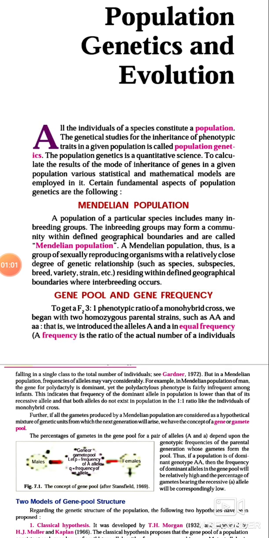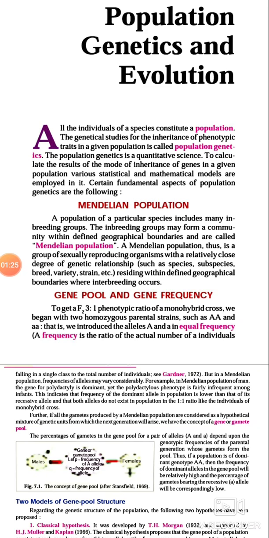First is Mendelian population. A population of a particular species includes many inbreeding groups. The inbreeding groups may form a community within defined geographical boundaries and are called Mendelian population.